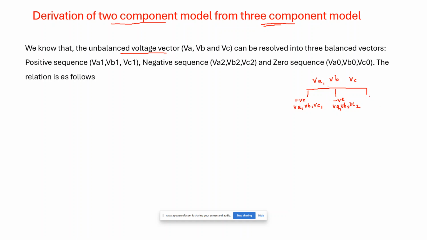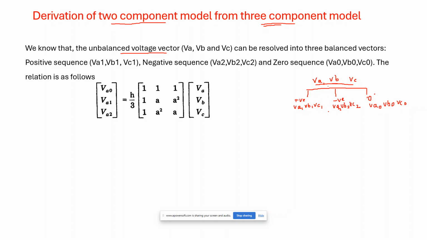And there is another zero sequence component, which is VA0, VB0 and VC0. This we already learned. It was told by Fortescue that any unbalanced vector can be resolved into three balanced vectors. Now we know the relation between this unbalanced phasor and these sequence components.